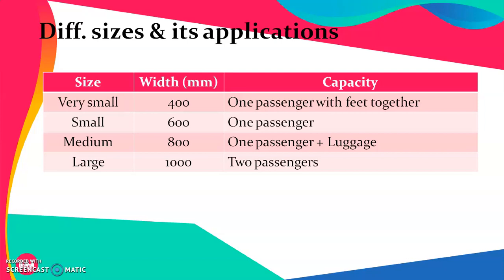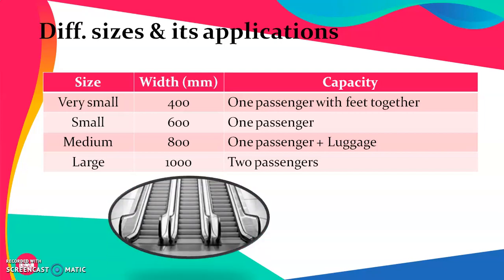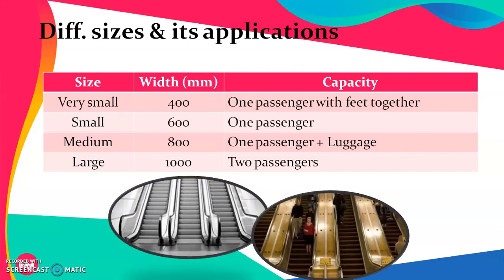A large size escalator has a width of around 1000 mm and in a few cases a bit more than that, which permits two passengers, and one person can even cross another person while the escalator is in operation. So this shows the different figures of the escalators where the sizes shown are medium or large.